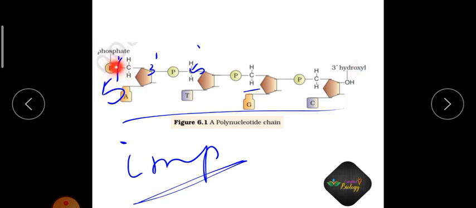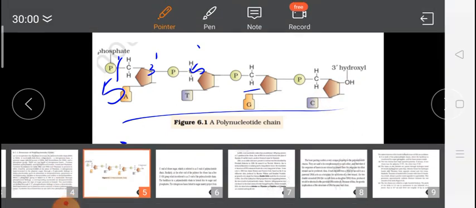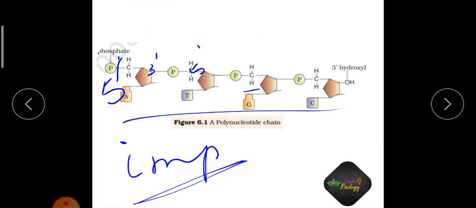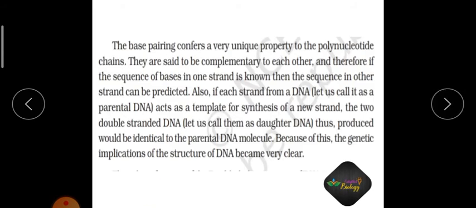This is the backbone, and the bases are projecting here. So if the bases have to be projected inside like this, the other strand must be in the opposite anti-parallel direction. Hence it is going to be 3' here and 5' this side for the other strand. That is what has been explained by this point.